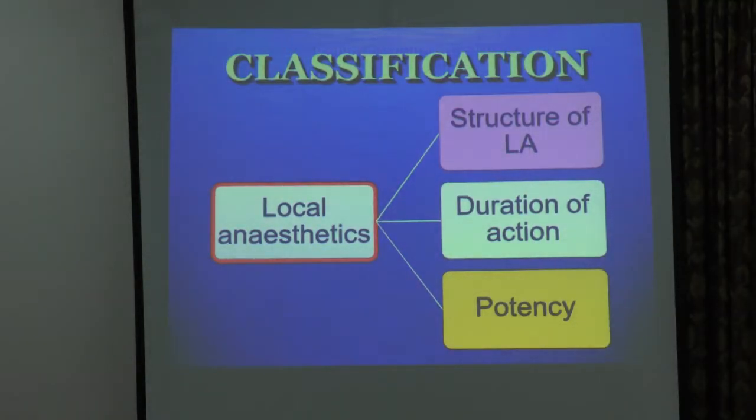So you can classify them based on the structure if you are using the intermediate chain as an amide or an ester. You can also use their duration of action. In that case, you can have those that are short acting, intermediate acting, or long duration of action. And then their potency can also be used.